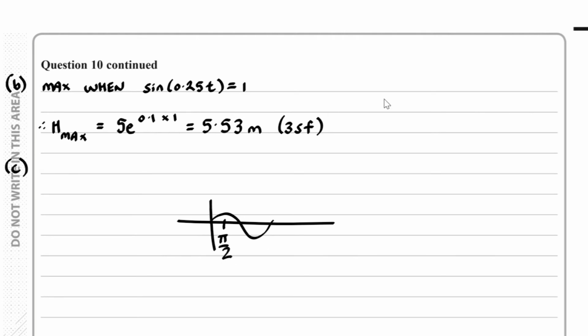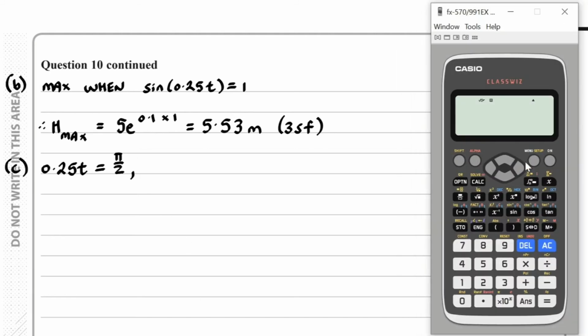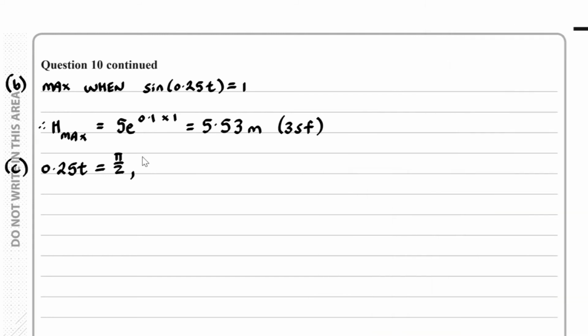And so with our transformed graph, and knowing that the maximum of sine of something equals 1, we can therefore see that 0.25t is equal to pi upon 2, and the next value will be pi over 2 plus another 2 pi, which is 5 pi over 2.